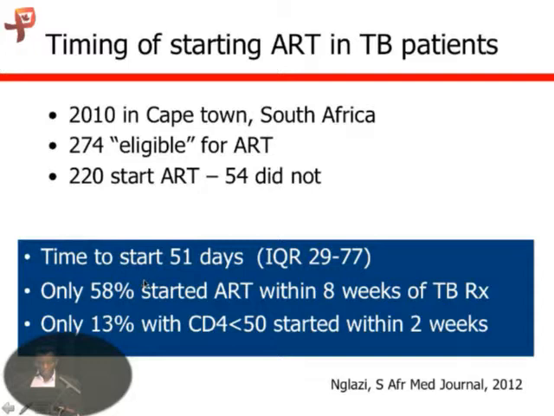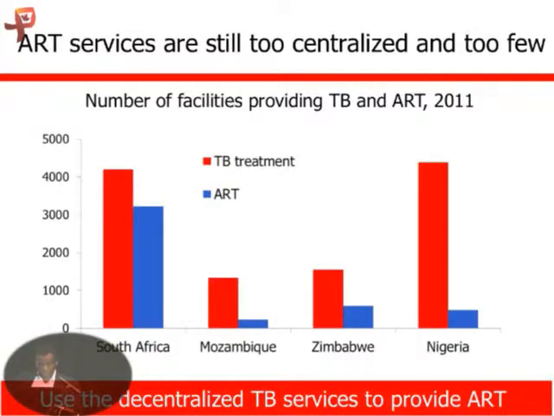And even to start, it took 51 days, which ranged between 29 to 77. And only 13% of those with CD4 count less than 50 were started within the first week. So this actually explains why there is still higher undiagnosed TB and TB-related mortality.